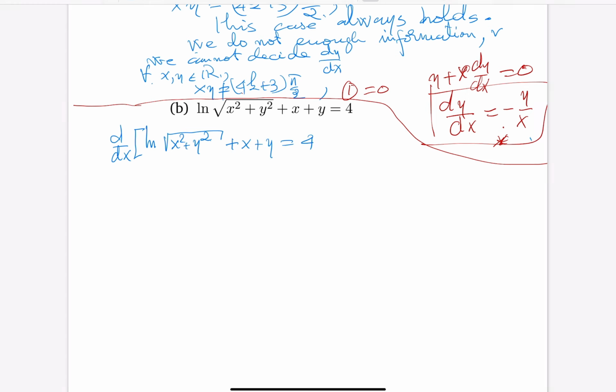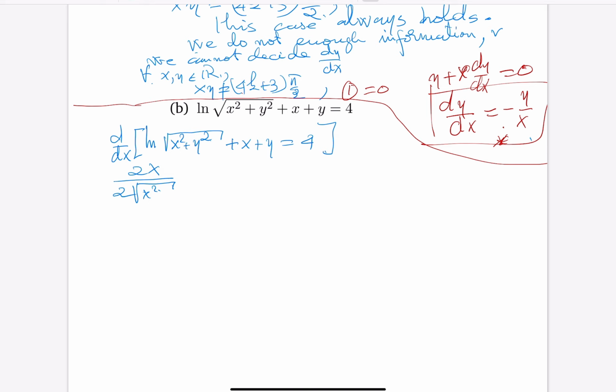Now take the derivative on both sides with respect to x.